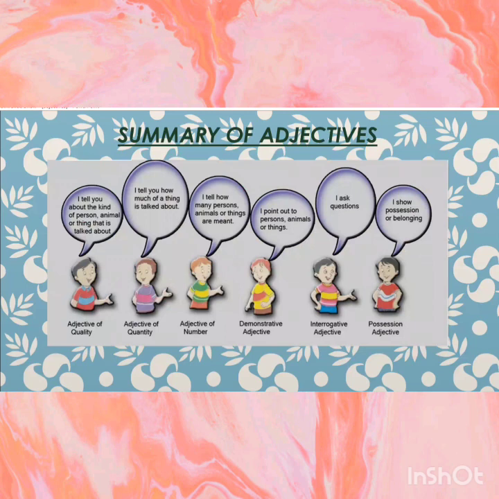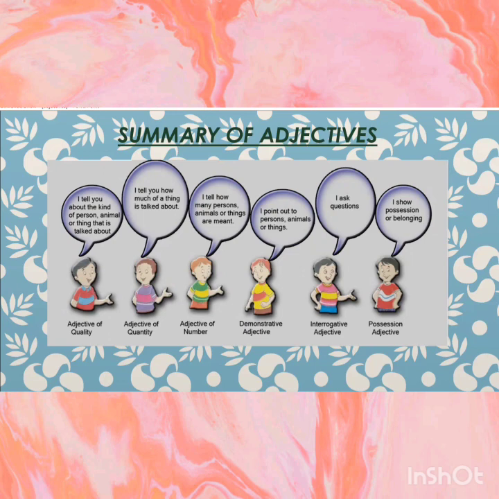So the summary of the adjectives here is that something that tells you about the kind of person, animal, or thing that is talked about is the adjective of quality. Something that tells you how much of a thing is talked about is an adjective of quantity.